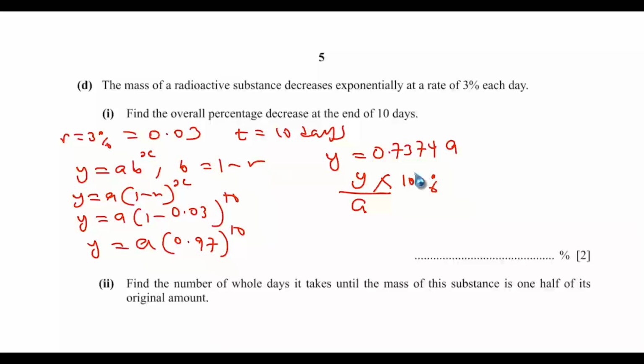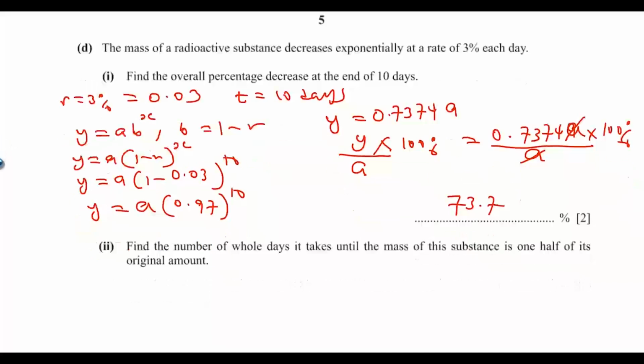So y over a equals 0.7374a over a, then multiply by 100%. We cancel out a here. If you multiply this, we're going to get 73.7%, to 3 significant figures.